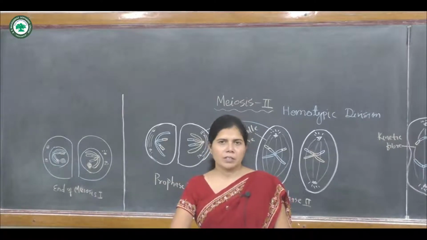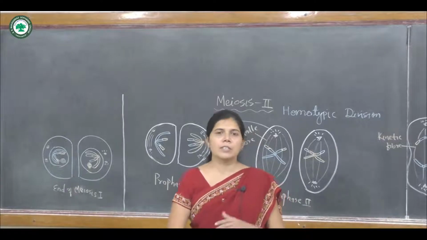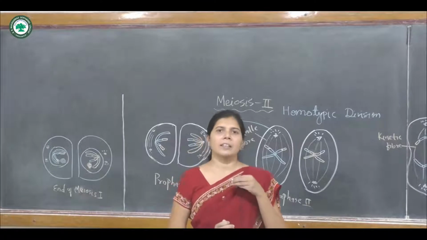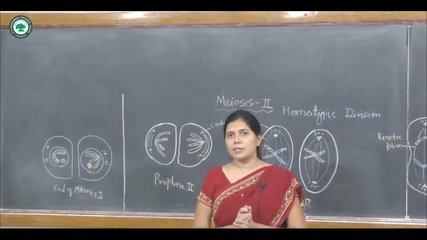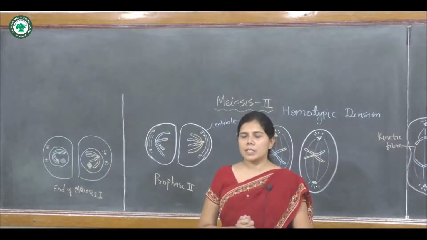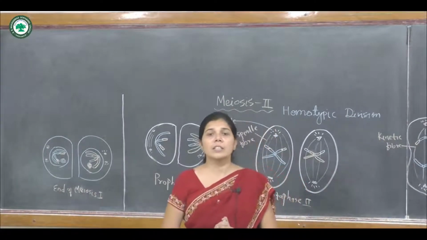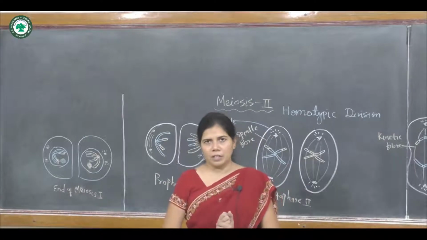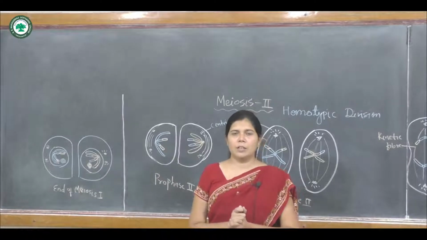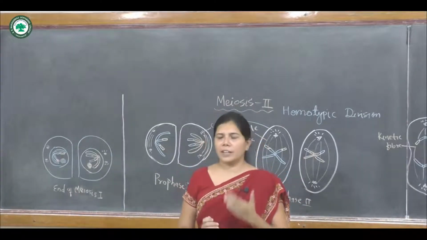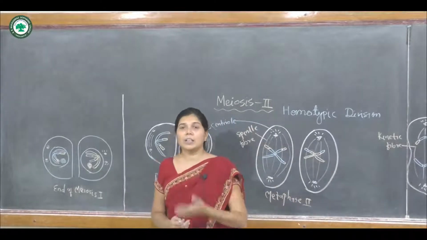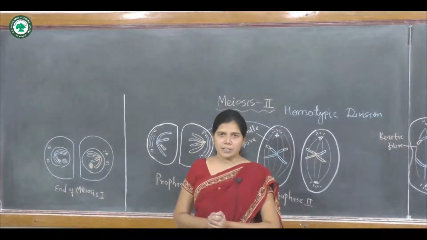In the previous video, we discussed meiosis I, and at the end of meiosis I there is the formation of two cells. Meiosis I is a heterotypic division because the two cells formed at the end of meiosis I are different from their parent cell, and their chromosome number is also half that of the parent cell.